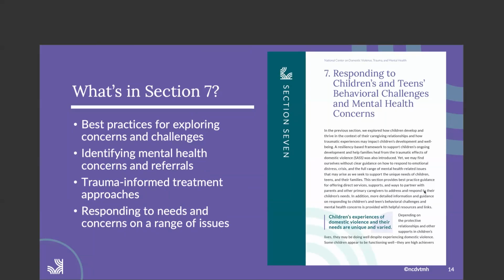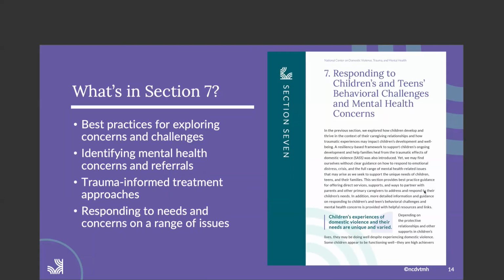Section 7 also provides some guidance on identifying mental health needs of children and teens and when to consider referrals for mental health services. We recognize that some domestic violence and sexual assault programs have therapists in-house, and others are utilizing and partnering with community-based programs.